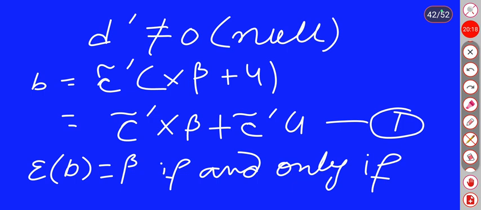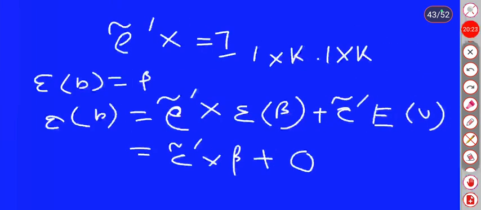So expected value of b is equal to beta if and only if c tilde transpose x is equal to I. So expected value of b is equal to c tilde prime x beta plus c tilde prime expected value of u, that is c tilde prime x beta plus 0.